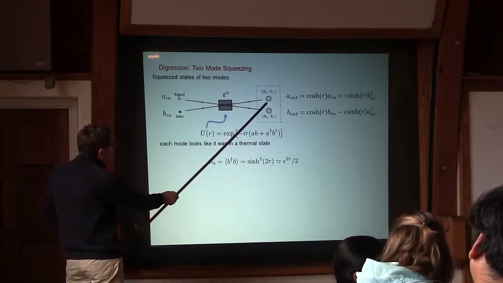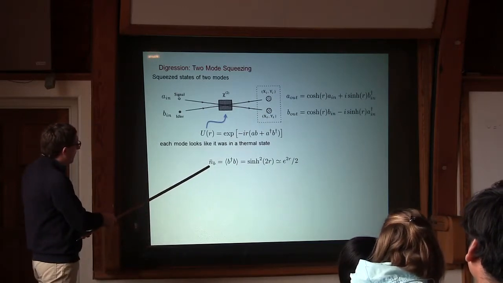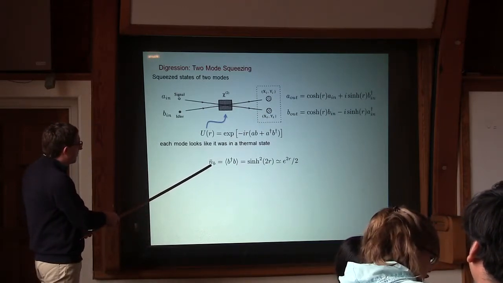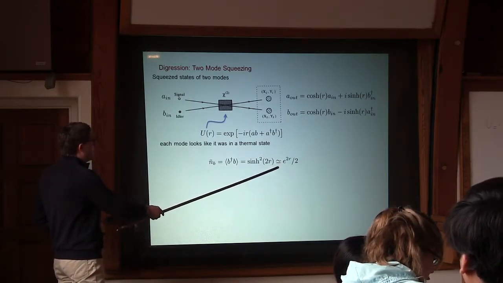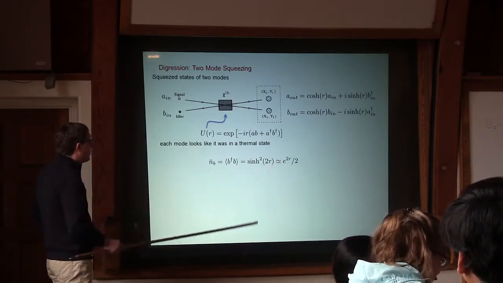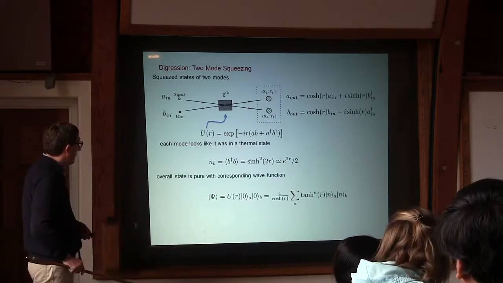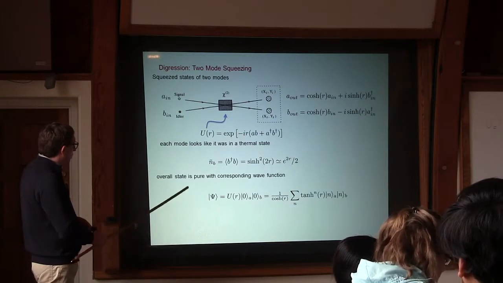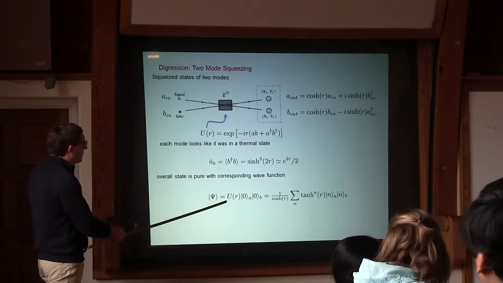So if we take each of those modes separately and look at the number of excitations on average, then we would find just a very large mean number of excitations. We would actually find a thermal state if we look at each of those modes locally. But the overall state is pure. If we come in with vacuum, we undergo a unitary transformation.